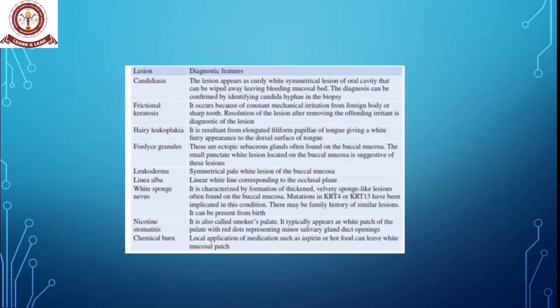These are the group of lesions which are white in color, but they have a proper, known reason for their occurrence, and they don't carry any increased risk of malignant transformation. So if you have any white lesion and you cannot put that lesion into any of these groups, and the patient's history also shows increased risk towards any malignant or pre-malignant condition, then you can name that lesion clinically as oral leukoplakia.